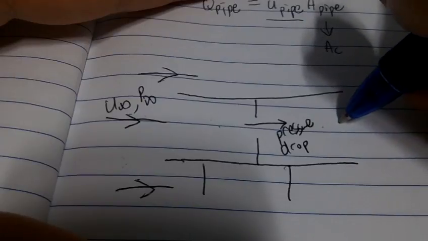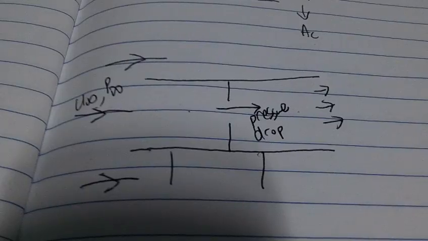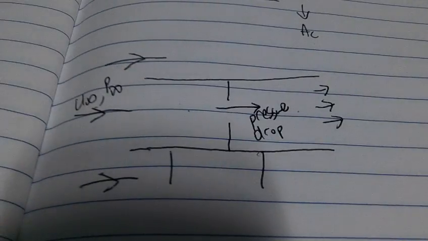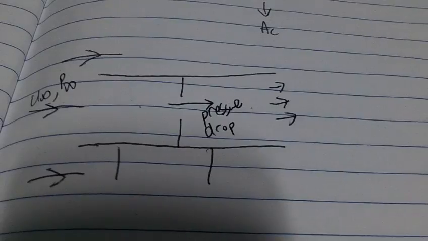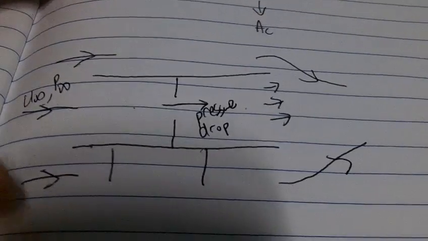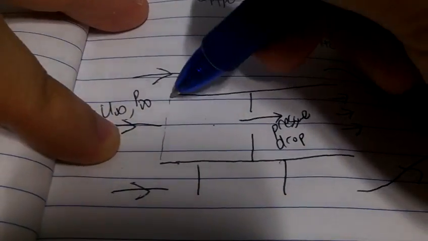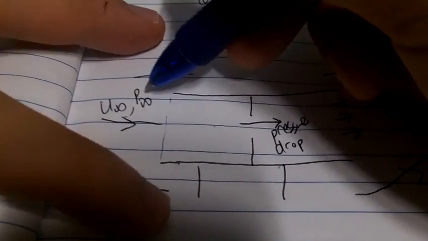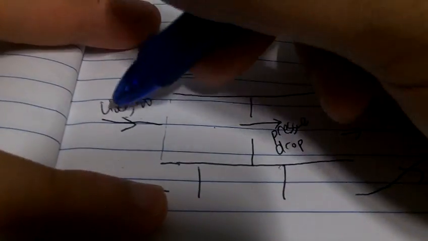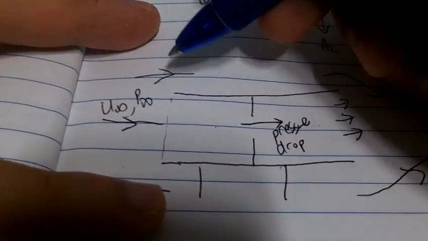And again, as it exits, after the pressure drop's done, the flow will exit and will rejoin with the other flow. And again, we are not sure what exactly happens here. Alright, and this pipe will be experiencing a dynamic pressure of half rho U infinity squared and static pressure of P infinity.